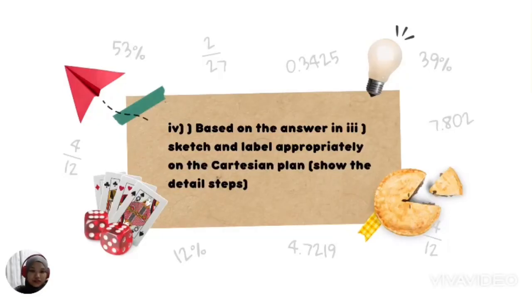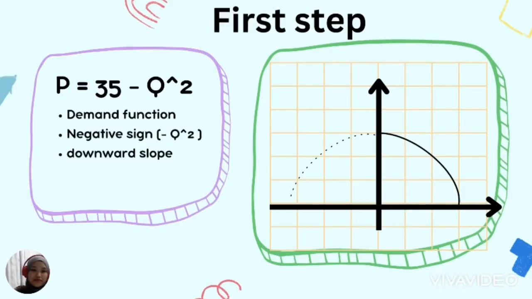Let's go to the last question. Based on the answer in C, sketch and label appropriately on the Cartesian plane. Show the detailed steps. The first step is, since these functions are quadratic functions, we need to find the shape of the slope.